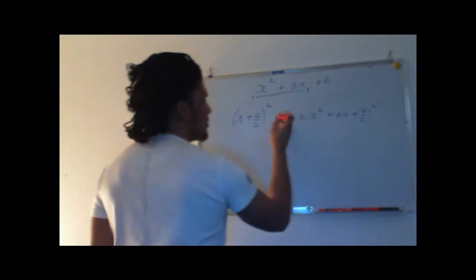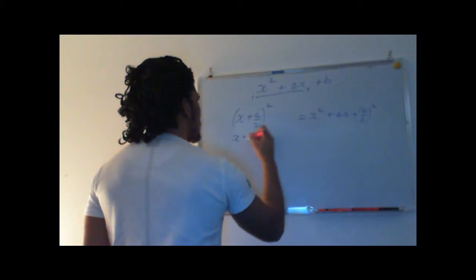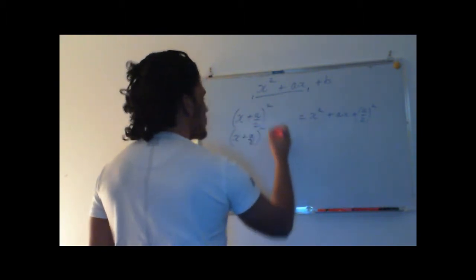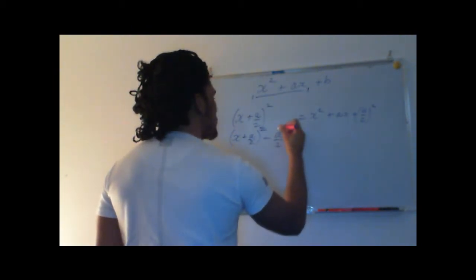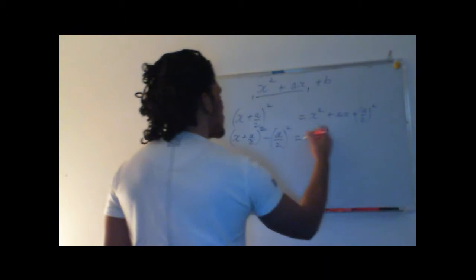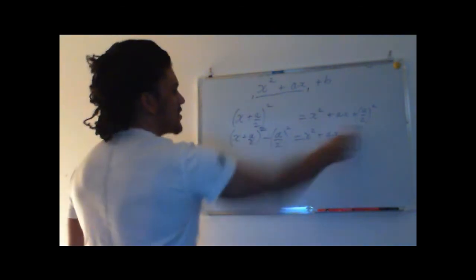So we get x plus a over 2, squared, minus a over 2 squared, equals x squared plus ax. That's just simple algebra, so we subtract it to this side.